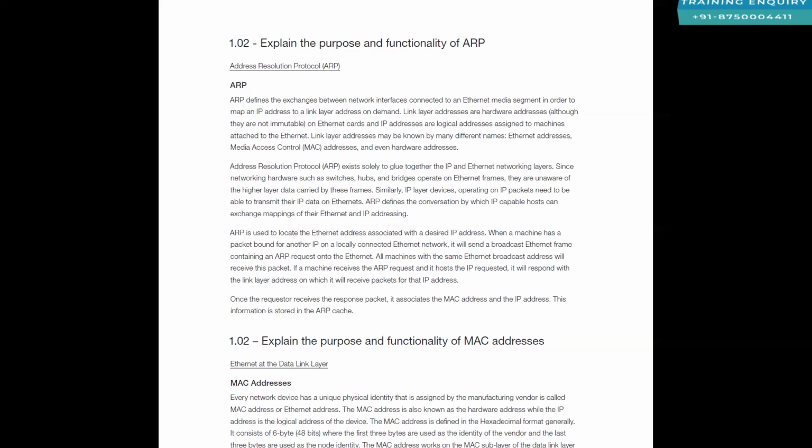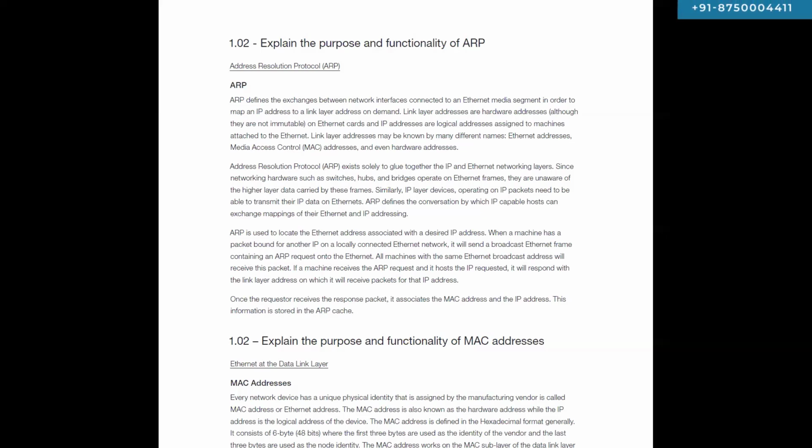The point is that if your device has an Ethernet interface, and an IP address is configured on top of that, then the ARP table will be maintained by that device. ARP will get activated for that device immediately.